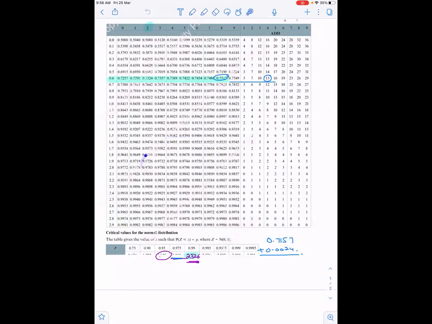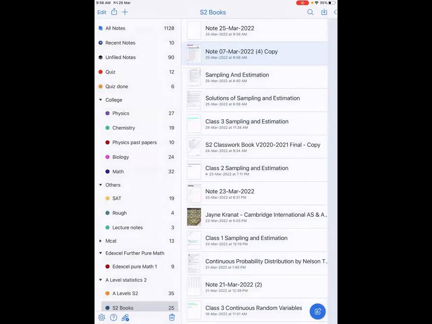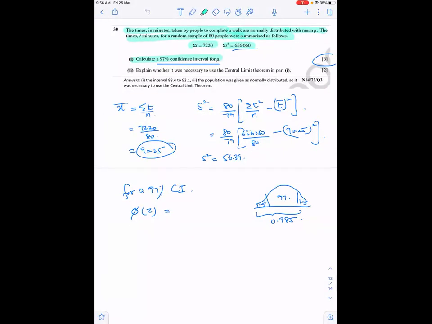Are you getting what I'm trying to do? Here, 0.985, so it's 2.17. Phi of z equals 0.985, z equals, what was it? 2.17? Yes. Okay, fine.